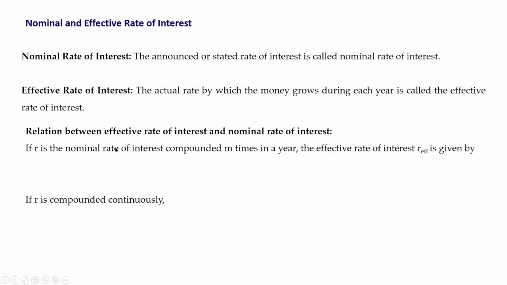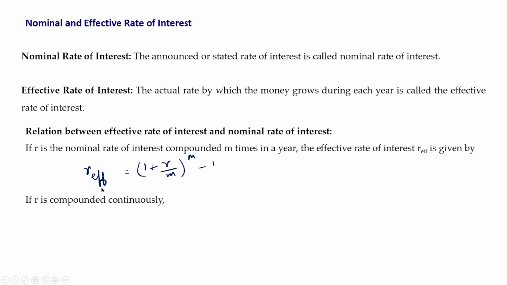Now we will see the relationship between effective rate of interest and nominal rate of interest. If R is the nominal rate of interest compounded m times in a year, the effective rate of interest R effective is given by 1 plus R by m the whole raised to m, minus 1.